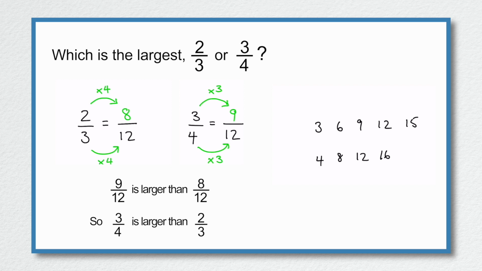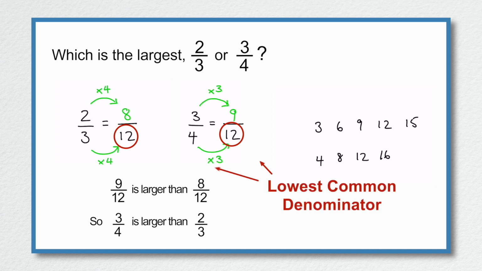This lowest common multiple, which we are using as the common denominator, is referred to as the lowest common denominator. And for the more eagle-eyed amongst you, you probably noticed that the lowest common denominator was generated by multiplying the denominators of the two original fractions.